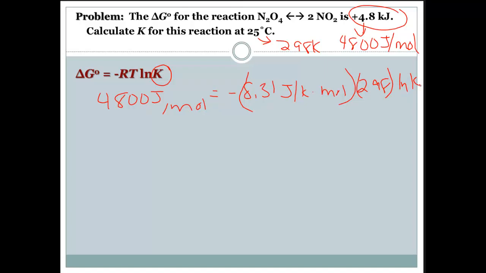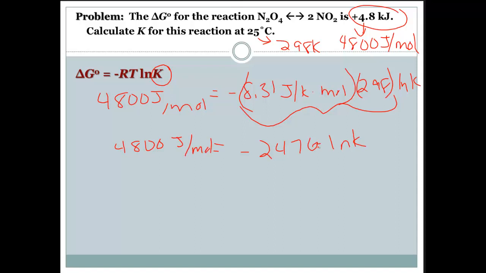I can multiply these two together to give me negative 2476 ln of K. And this is still joules per mole.